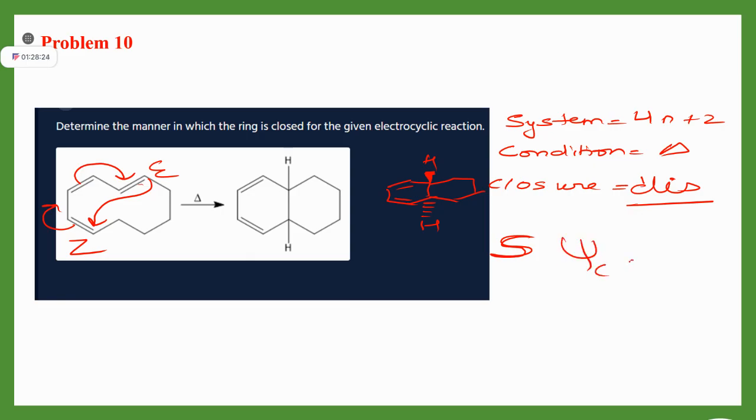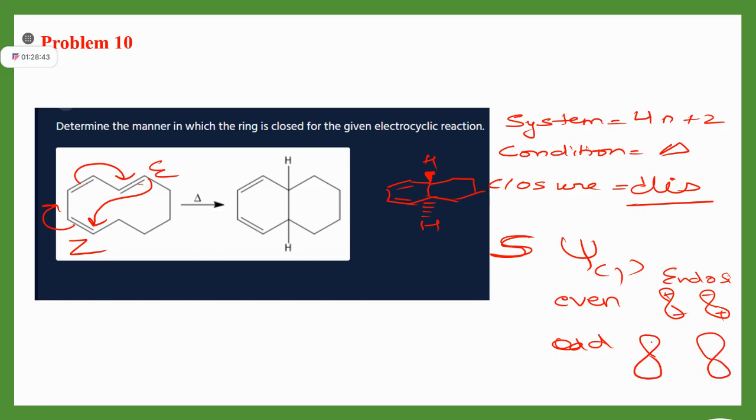If this number is even, the orbital signs will be different, and if they are odd, the signs are the same.